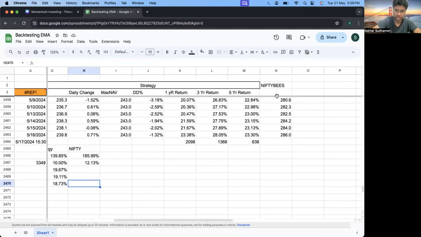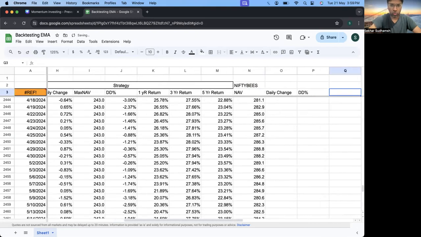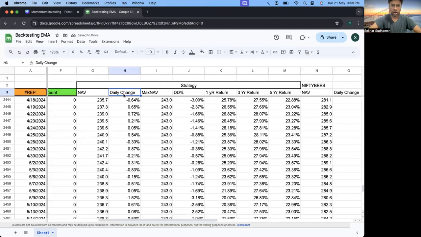So before I do that, I need the NAV and daily change of NIFTYBEES. It's the same way that I'm going to use for Nifty. So I can use the same formula and just copy paste it.